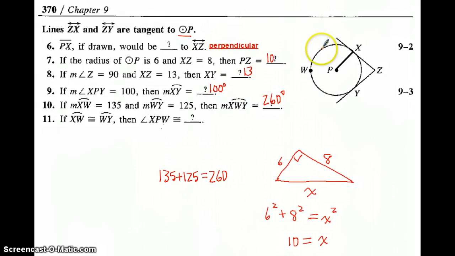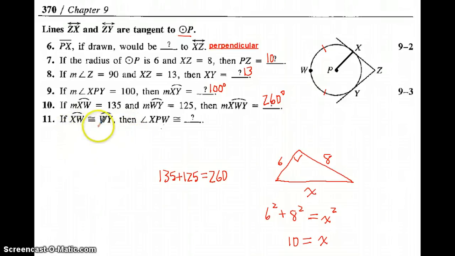If these arcs are congruent, and you don't really mark them with a tick mark, but I guess you can. Actually, I don't know if that's defined. I can't remember if the book does that or not. It doesn't bother me. I'm going to go ahead and do it. If those arcs are congruent, then again, this is just for my own little notes right now. It's not really technical.